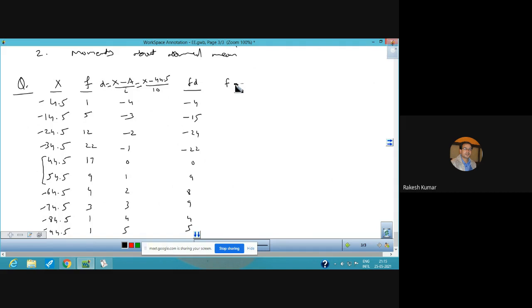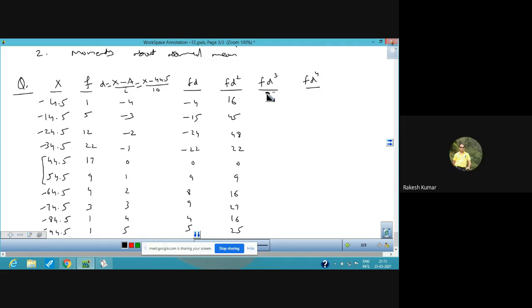Next we require fd square. That is 16, 45, 48, 22, 0, 9, 16, 27, 16 and 25. We also require the columns fd cube and fd raised to power 4.